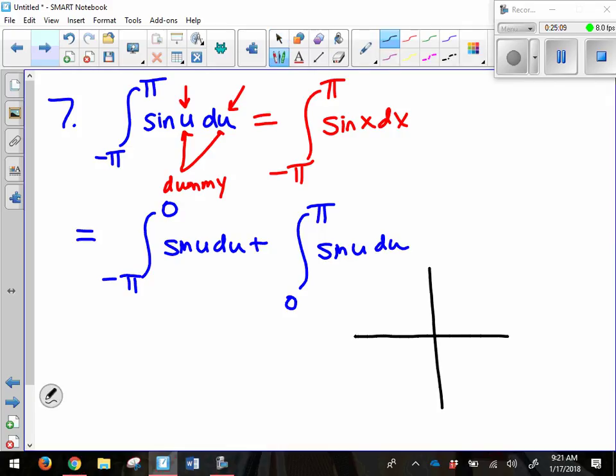Because, of course, if you graph this, from negative pi to 0, you're going to be below the axis, and from 0 to pi, you're going to be above the axis. And so what do we get for our answer? 0.